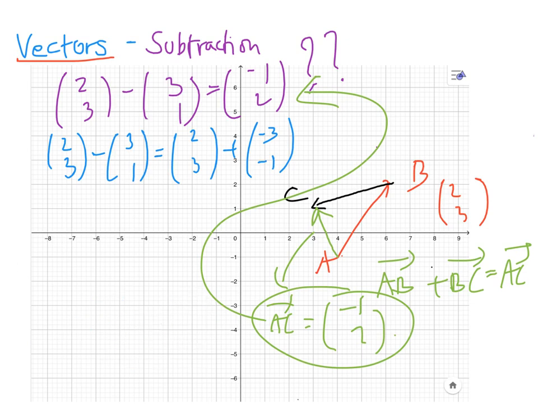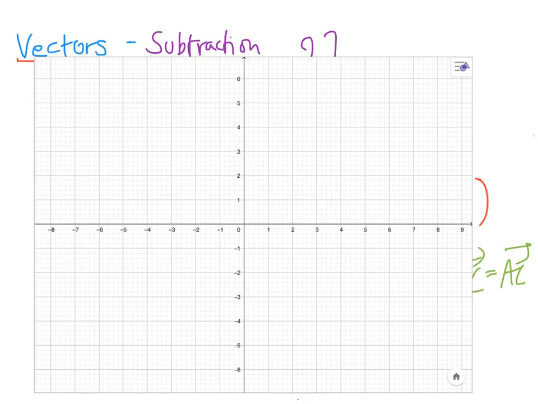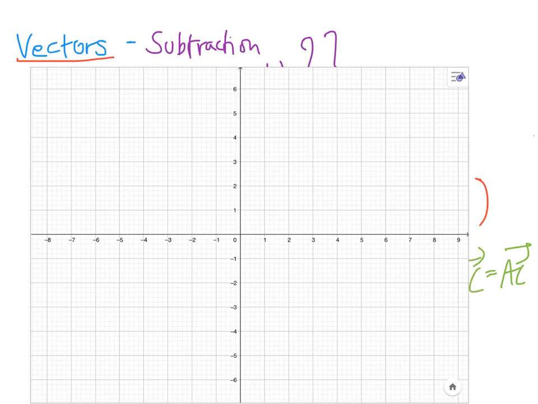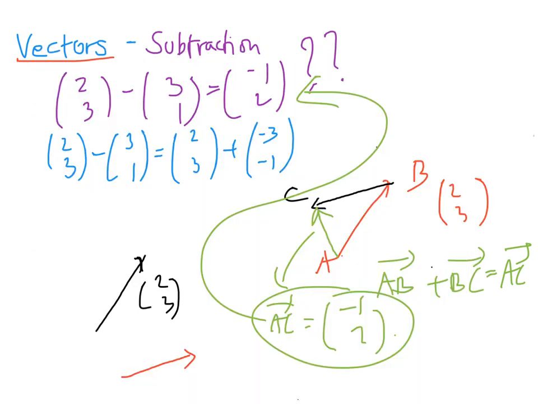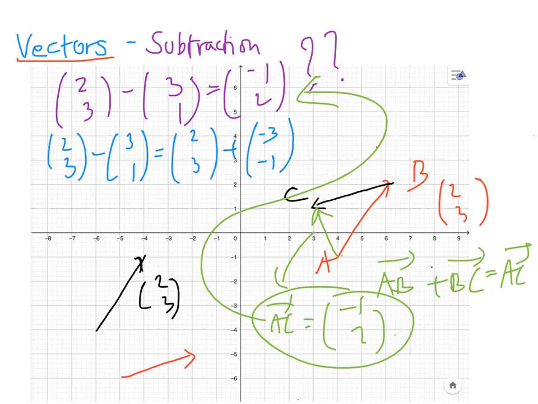So let's say we are using the first one, (2, 3). This is a (2, 3), right? And then minus (3, 1). What is (3, 1)? What does it look like? (3, 1) looks like this. So if, for example, we just move this thing, oops, I moved the wrong thing, my bad.